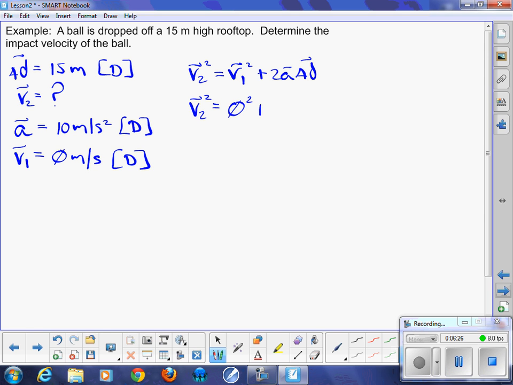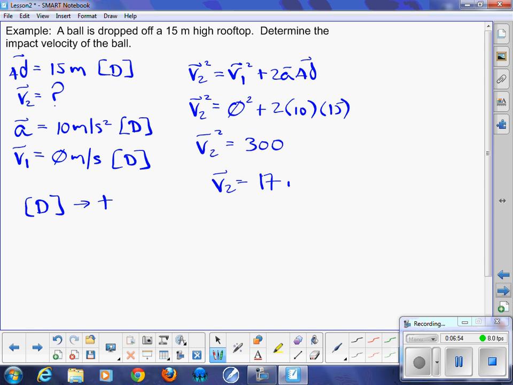V1 was 0, 2AD, and again, I'm going to assume down is positive, so acceleration is 10, and displacement is 15. So V2 squared equals 300. So we end up with a V2 of around 17 meters per second.